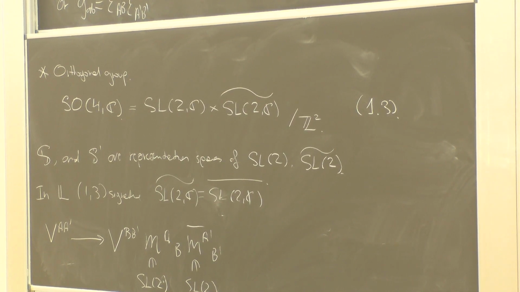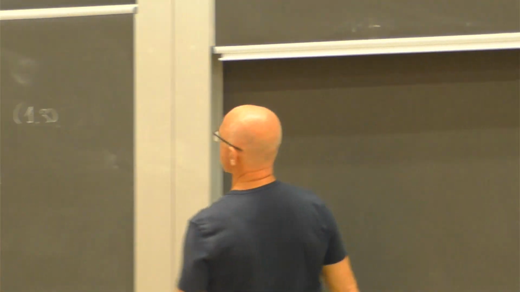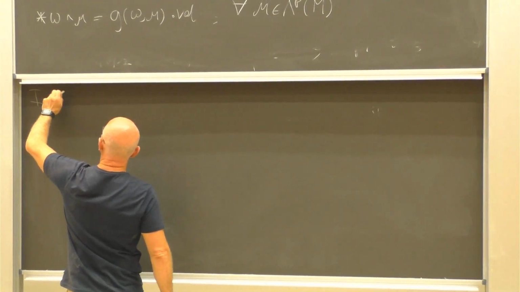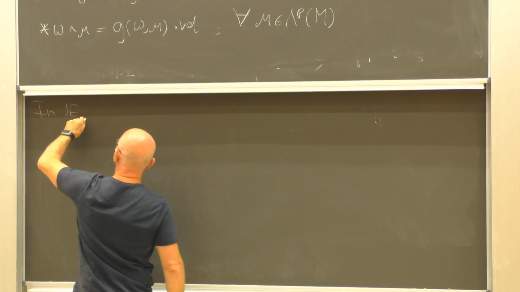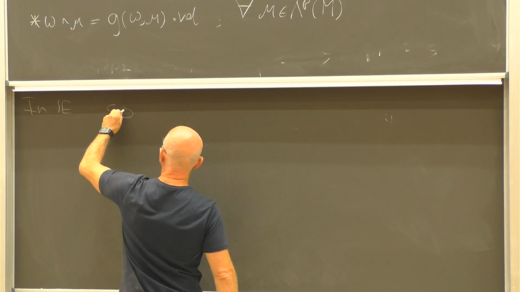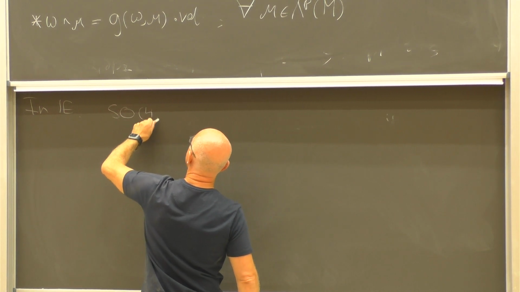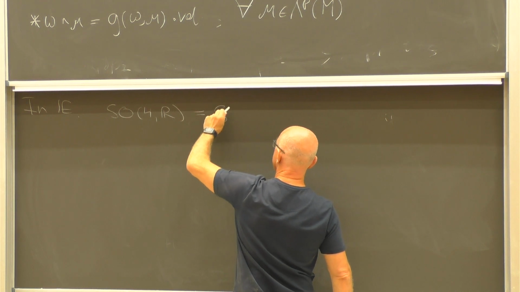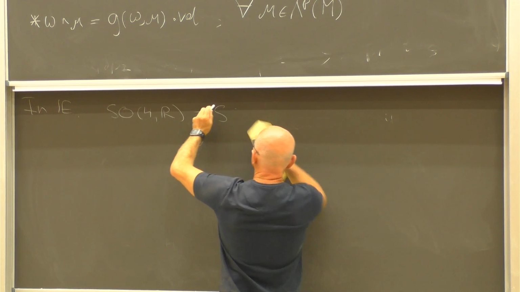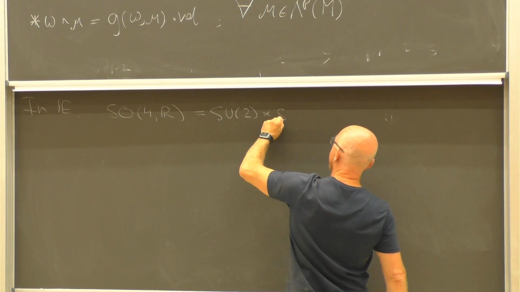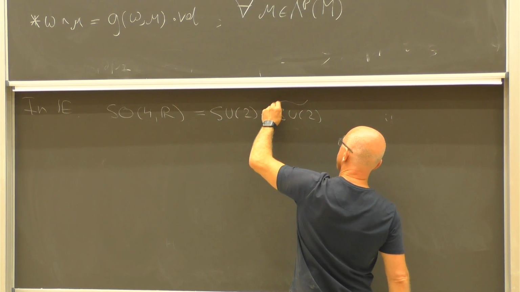Okay, and it's actually often easier than Lorentz transformations. What happens in the other 2 signatures is different. So in Euclidean signature, the relevant group is SO4R, and that's locally a product of SU2 and SU2 tilde.